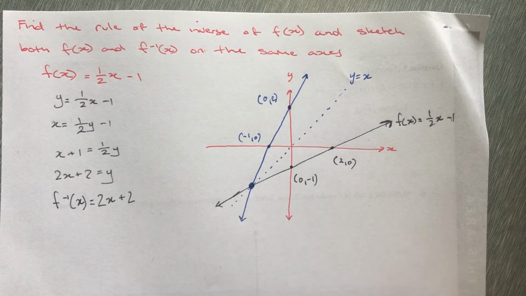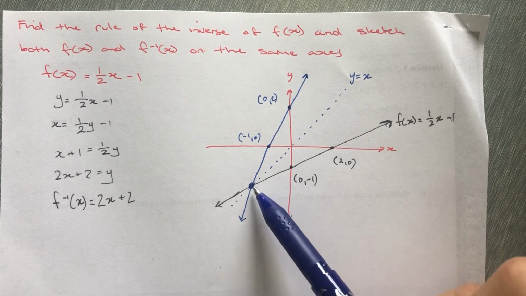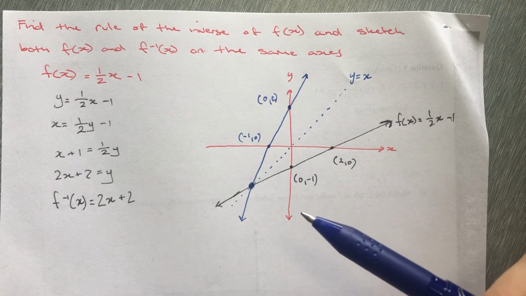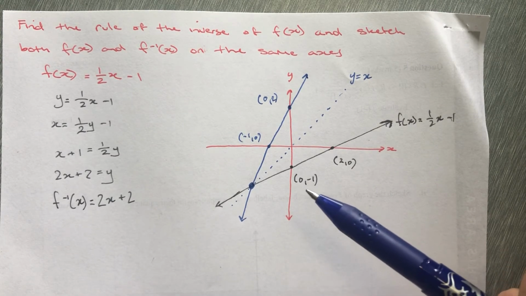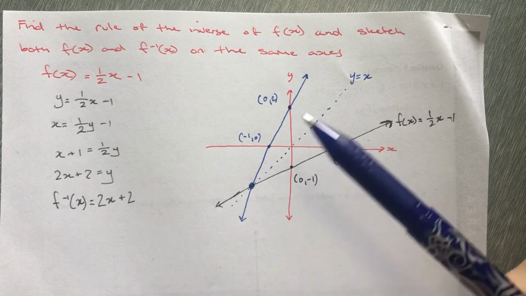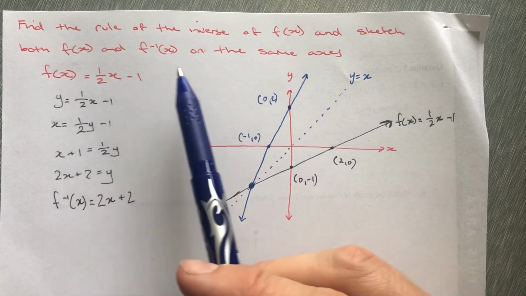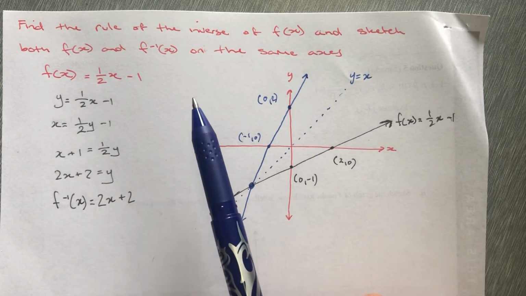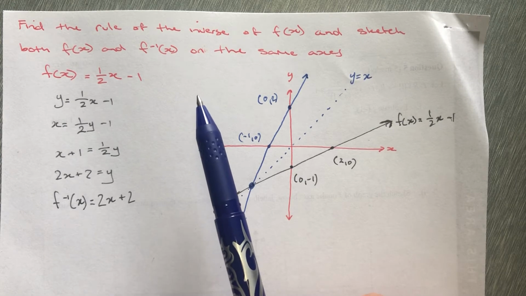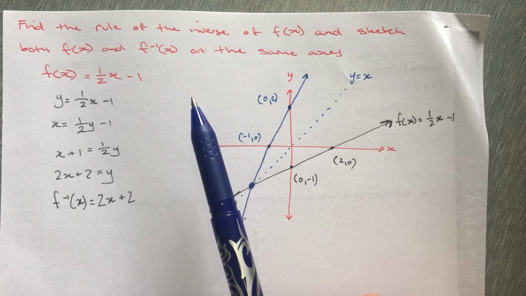So if your original line touches the line y equals x, that's where the inverse is going to intersect with it as well. So they are going to hit together just there. Now we can actually work out where they intersect, and we should, because if we're sketching any graphs and they do hit together, we should show where that is. It hasn't specifically asked for it as part of this question, but I'm going to do it anyway.